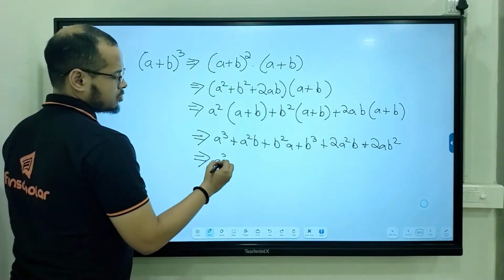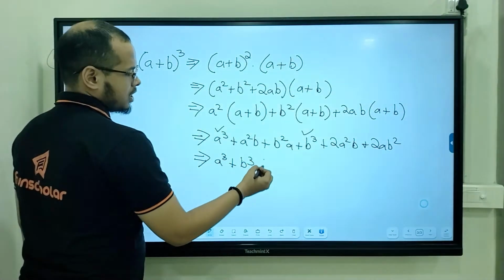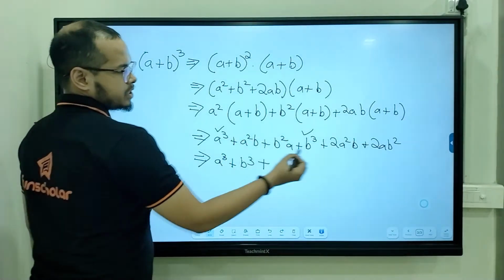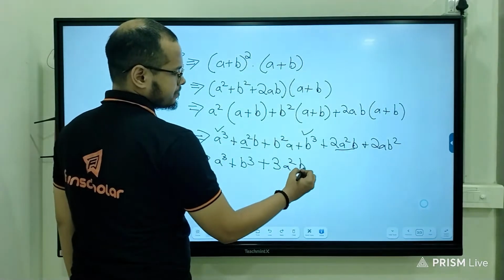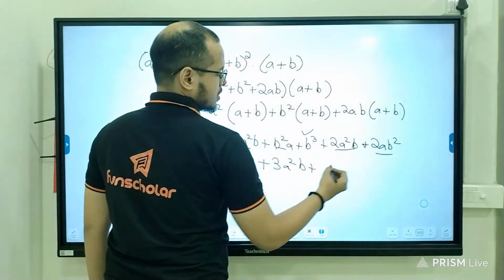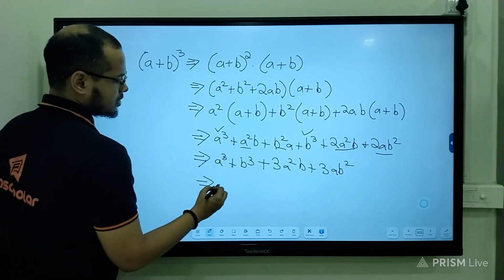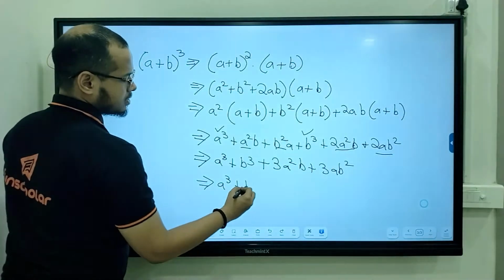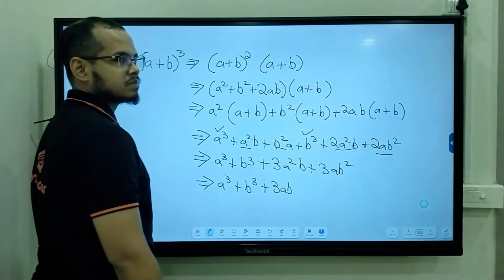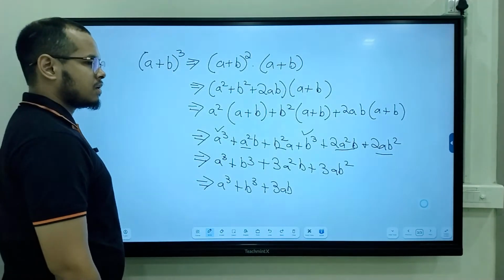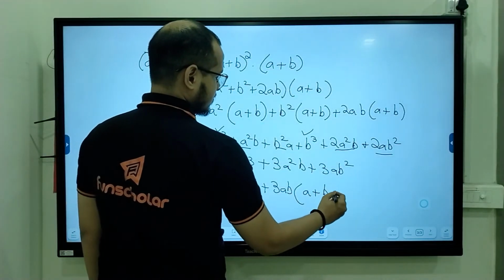Now we'll be writing a cube plus b cube. This a cube and b cube, I'm taking it first. Then I'll be writing a square b. There are two a square b already here, so we are going to write 3a square b plus 3ab square. So from here we find a cube plus b cube plus 3ab(a plus b).